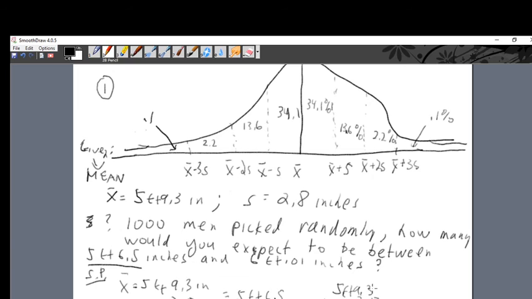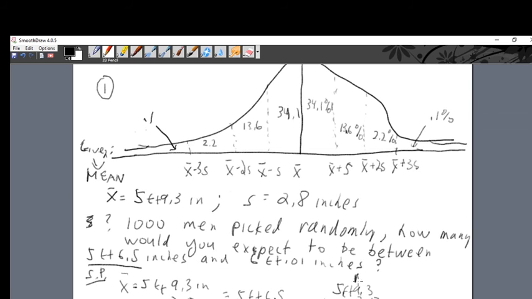What will we get? 3 and 8 is 11, so 1 inch goes here, 1 inch there. 9 and 2 is 11, 11 and 1 is 12.